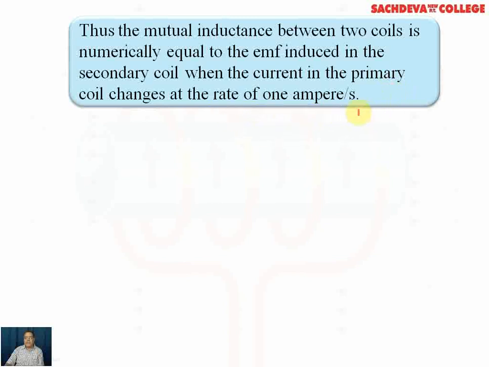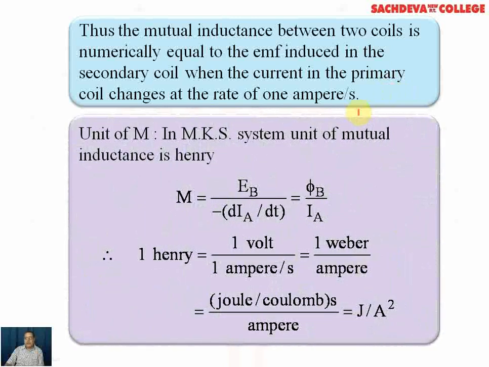Ampere is the SI unit of current. Now, the unit of M is discussed in the SI system. The unit of M is Henry or Weber per ampere. 1 Henry and 1 Weber per ampere are numerically the same.